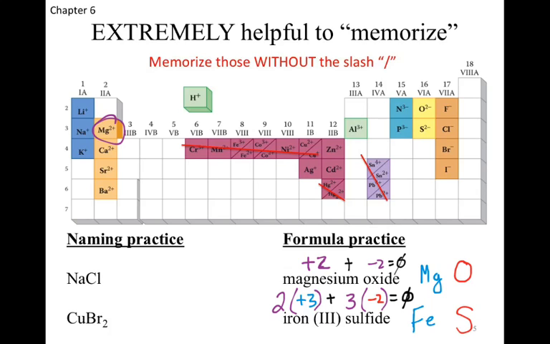So if I take 2 iron plus 3s, I now have a +6 charge. If I take 3 minus 2s, I now, whoops, I can do math. I have a -6 charge. The overall equals 0. I now have my correct formula. I would need to translate those numbers in.